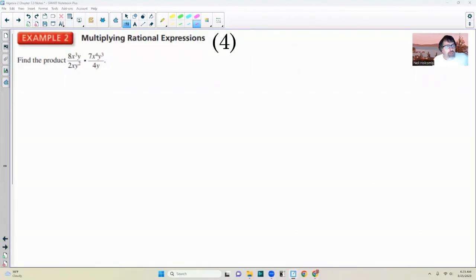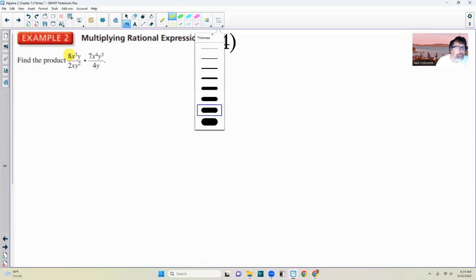Okay, example 2 is multiplying rational expressions. So we have a product, 8x cubed times y over 2xy squared times 7x to the 4th y cubed divided by 4y. All right, so the first thing I'm going to do is focus on the numerator. And you see this 8 times 7. So that's going to be 56.